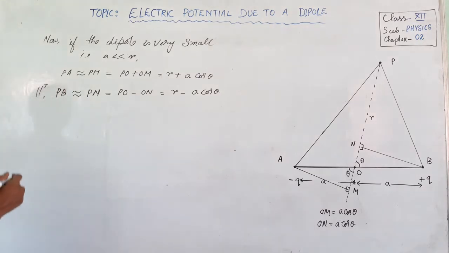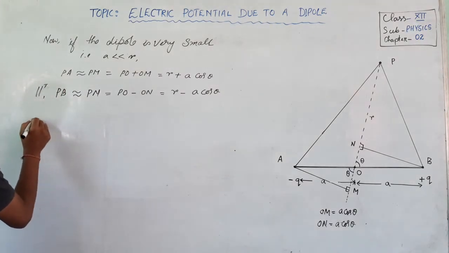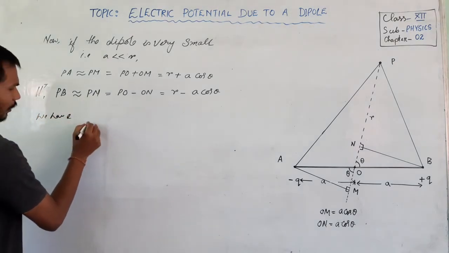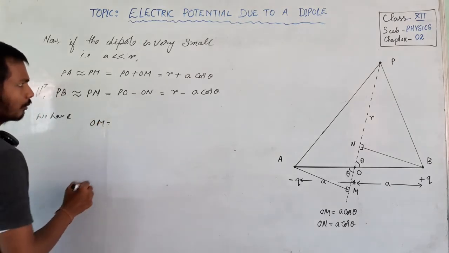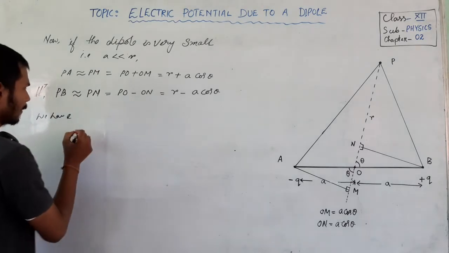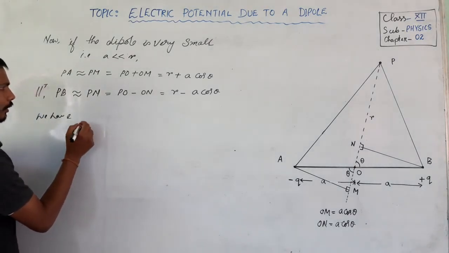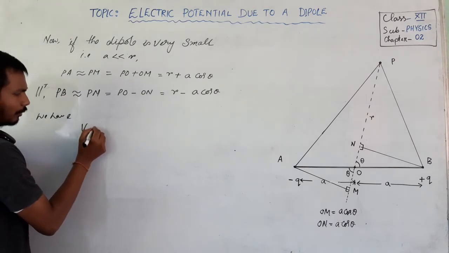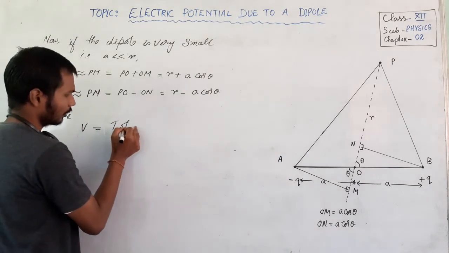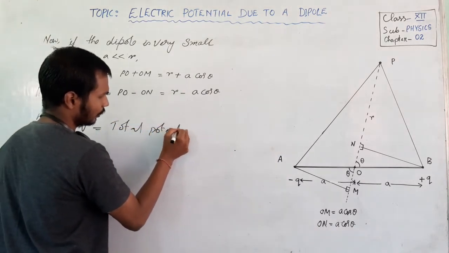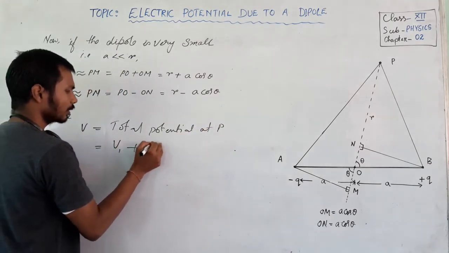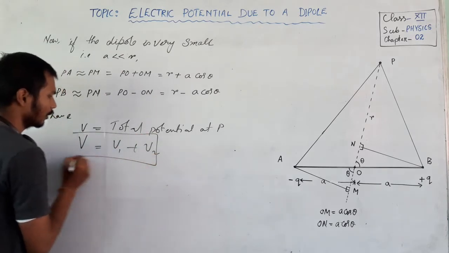Now next, we have V, that is total potential at point P. Total potential at P will be equal to V1 plus V2. Okay, done.